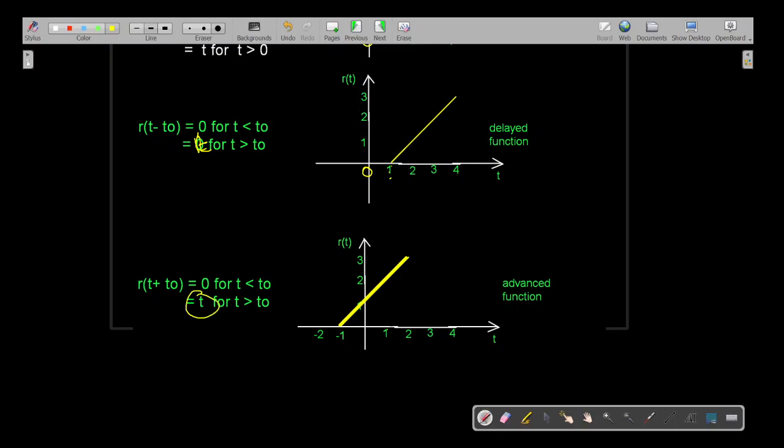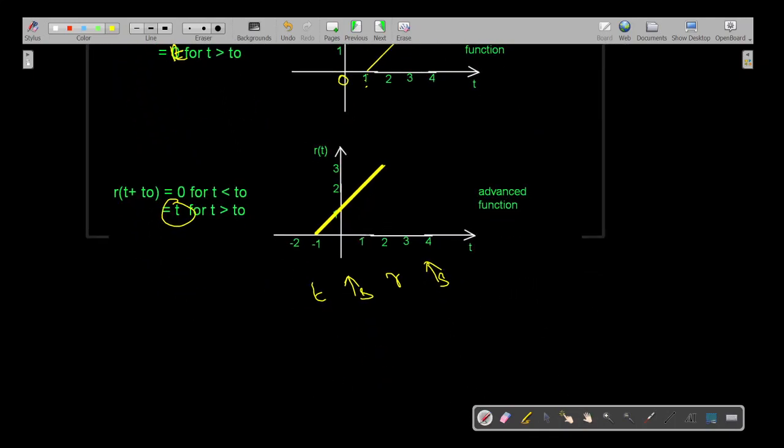As t increases, the ramp function also increases at the same rate. If you have one unit change here, you will have one unit change there; if you have a 2-unit change here, then you will have a 2-unit change there. That's why it is given as t. So this is the advanced function.